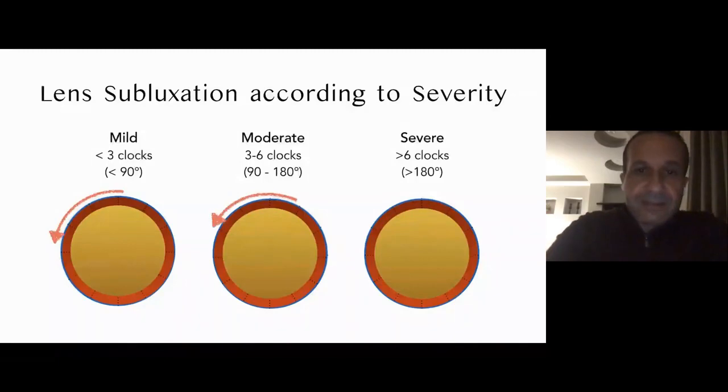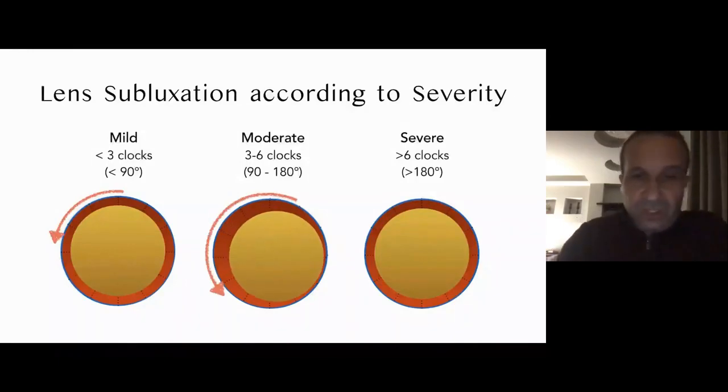For moderate lens subluxation, the damage of the zonules extends beyond the 3 clock hours but less than 6 clock hours, or in the range between 90 to 180 degrees of arc. In cases of mild or moderate lens subluxation, there is some decentration of the lens towards the area of healthy zonules, away from the area of weak or ruptured zonules.